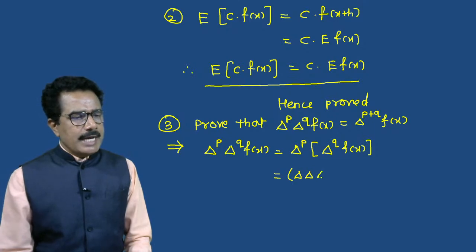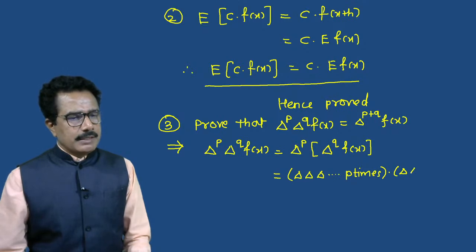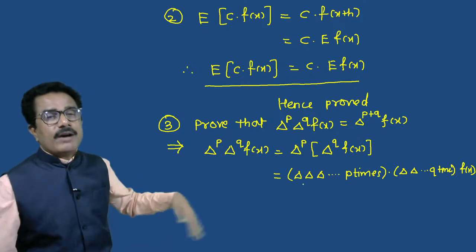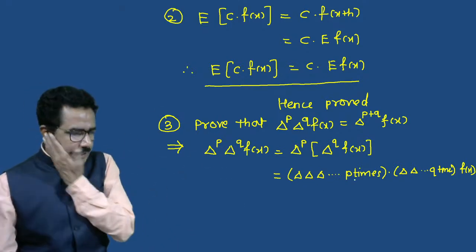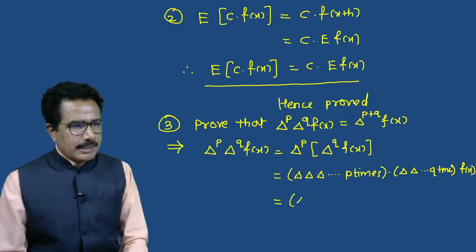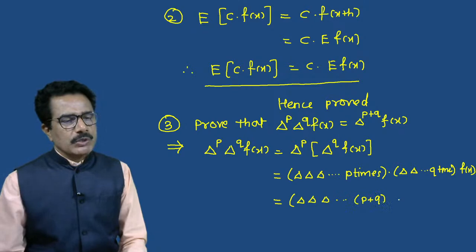Delta, delta, delta, dot dot dot, p times, again delta, delta, dot dot dot, q times of f of x. Delta raised to p means delta of delta of delta, p times, and delta raised to q means delta of delta of delta, q times. This means that delta of delta of delta, dot dot dot, p plus q times.